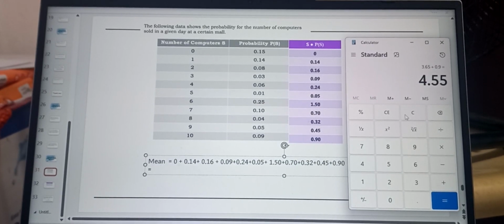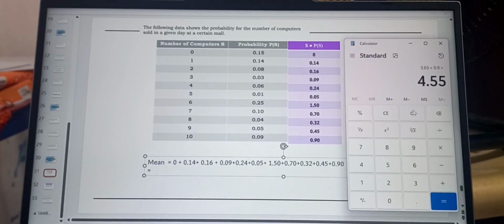Ayan. So, the answer is 4.55. Okay. So, the answer is 4.55.